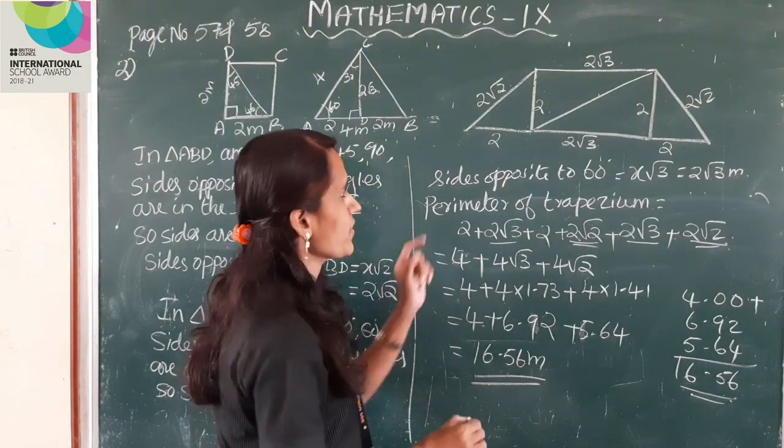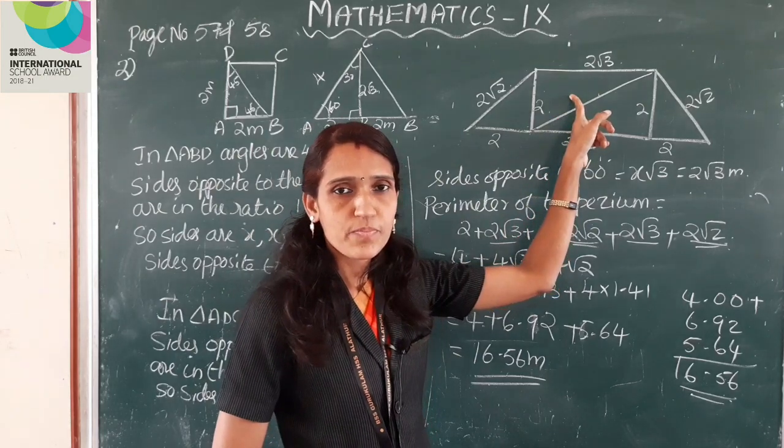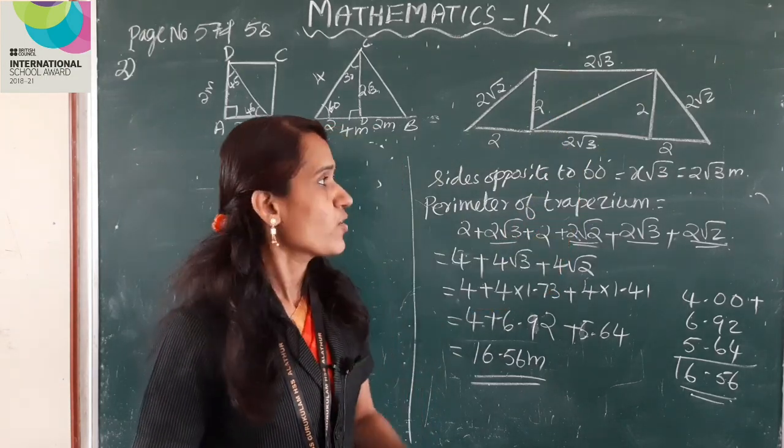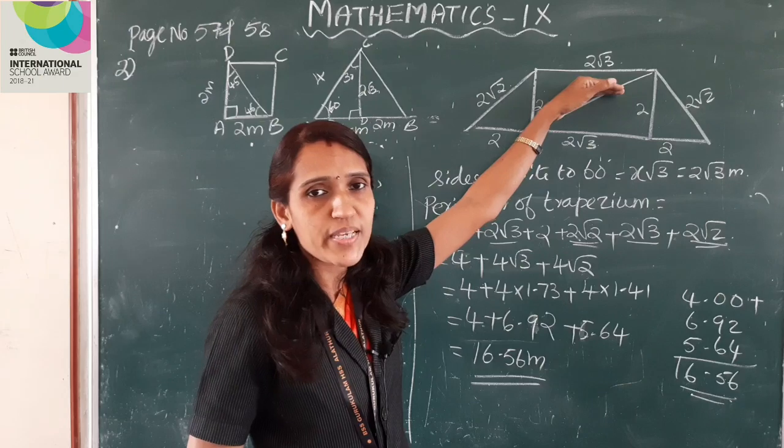This is the perimeter of this trapezium. Clear? Next we have to find the area of this trapezium.